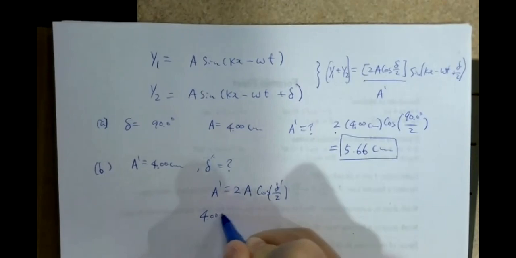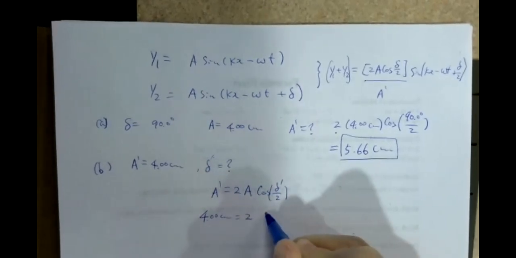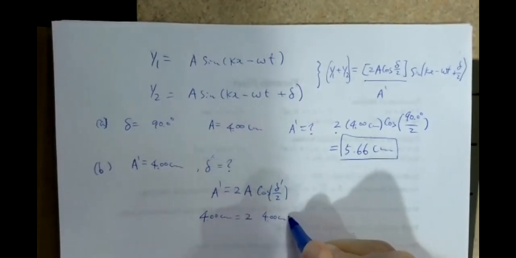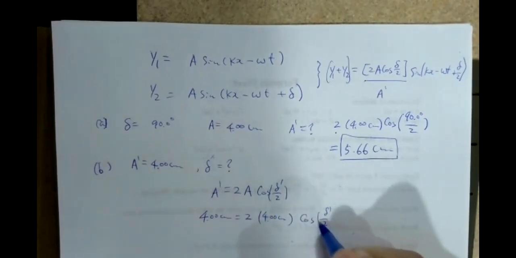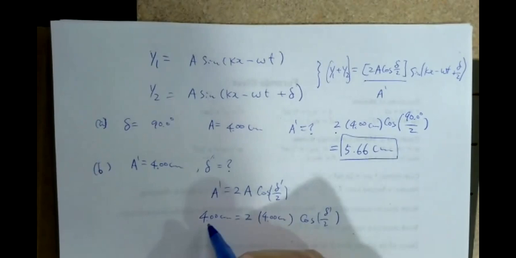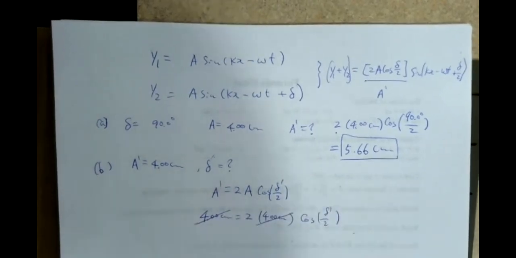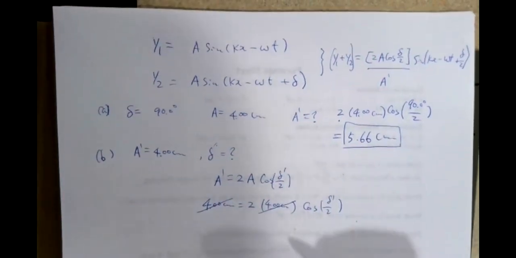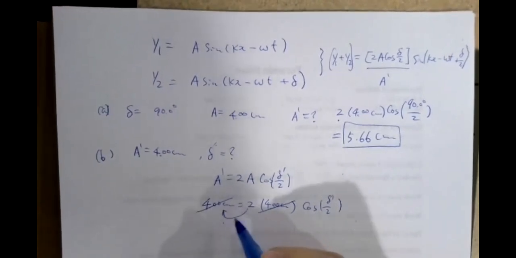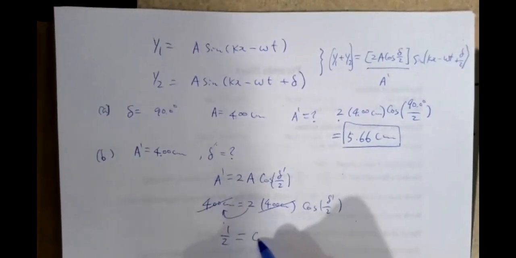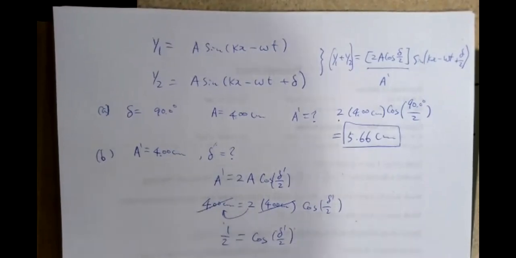So 4.00 equals 2 times 4.00 centimeter, that's the same A, cosine of delta prime divided by 2. You're looking for this guy, right? So 4 and 4 can cancel out. Then you can move the 2 to the other side of the equation. That means 1/2 equals cosine of delta prime divided by 2.